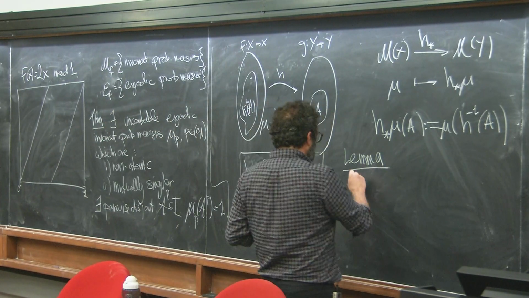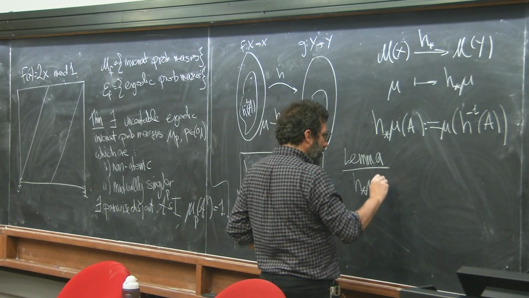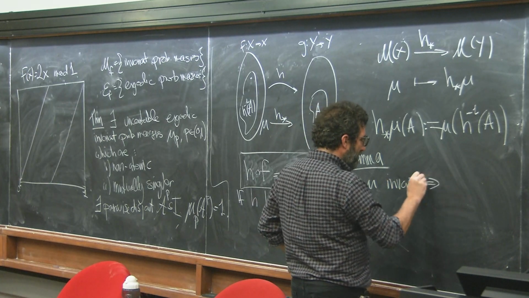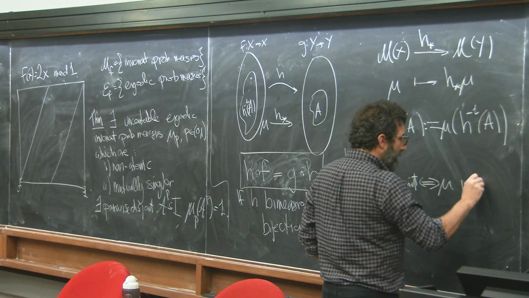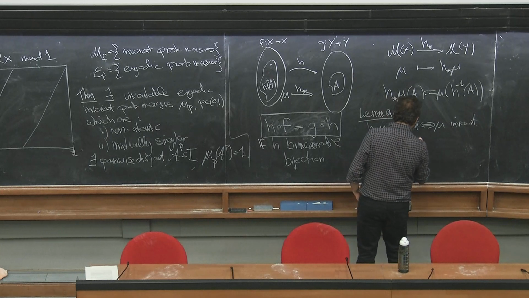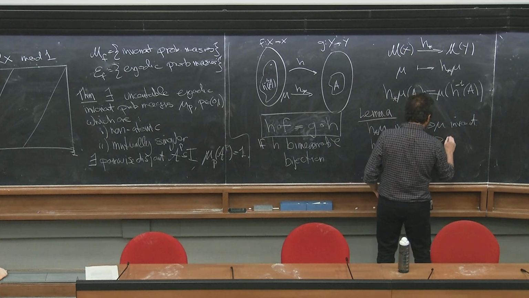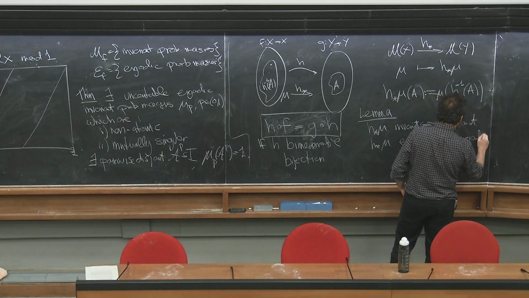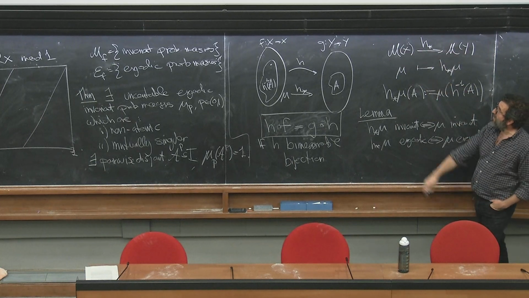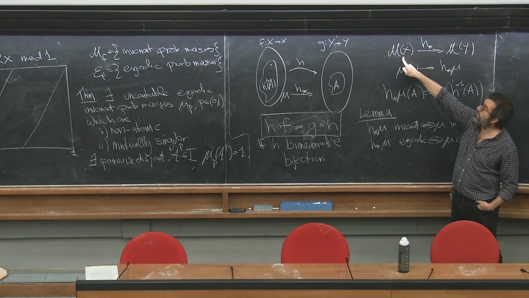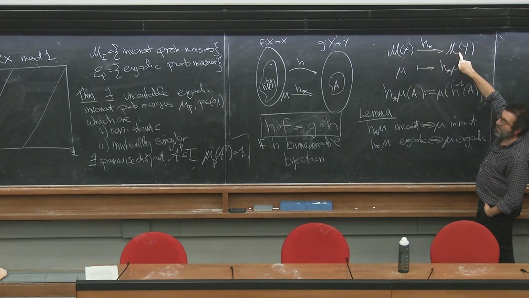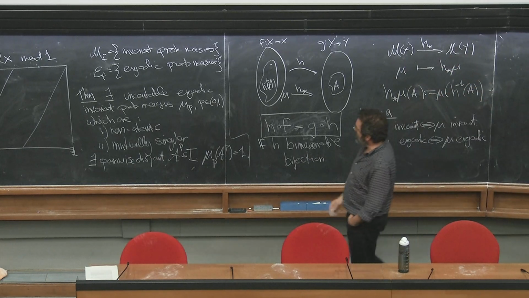So H star mu is invariant by G, of course invariant, if and only if mu is invariant by F. And similarly, H star of mu is ergodic if and only if mu is ergodic. So this push-forward operator preserves inside here, we have the subspace of invariant measure, the subspace of ergodic measures, and they are mapped exactly to the ergodic and invariant measures here and vice versa.